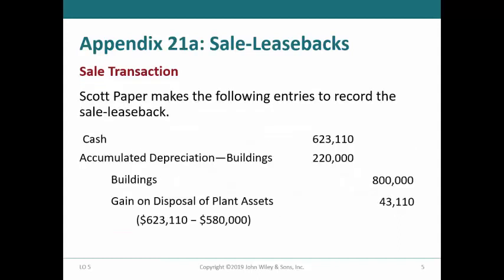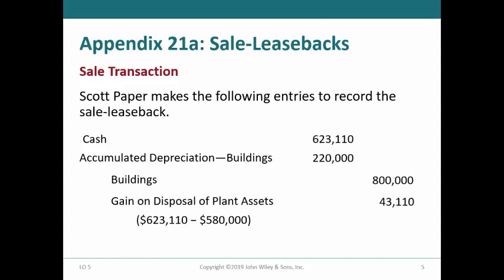To record the sale of the building to General Electric, Scott Paper would debit cash for $623,110 and accumulated depreciation, buildings for $220,000. They would then credit buildings for $800,000 and gain on disposal of plant assets for $43,110.